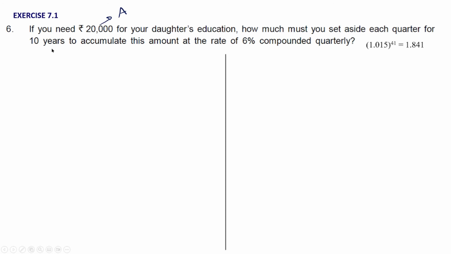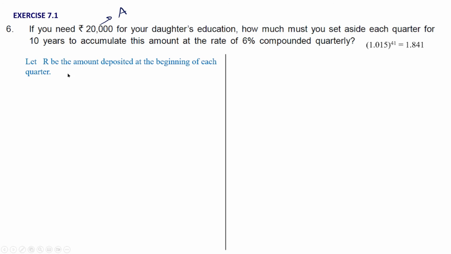The time period is given, it is 10 years, to accumulate this amount at the rate of 6% compounded quarterly. So I will be 6% divided by 4, since it is compounded quarterly. Here let us assume that the amount is set aside at the beginning of each quarter.